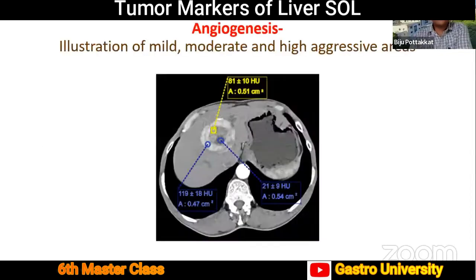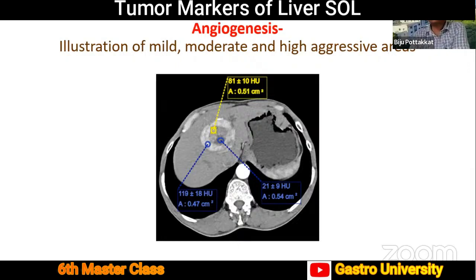So when we applied our artificial intelligence algorithm to the tumors with a simple HU unit, this is what we get in almost all HCCs. You have mild, moderate, and highly aggressive tumors. Basically, what happens when the tumor grows is there will be young areas, adult areas, and sleeping or old areas.